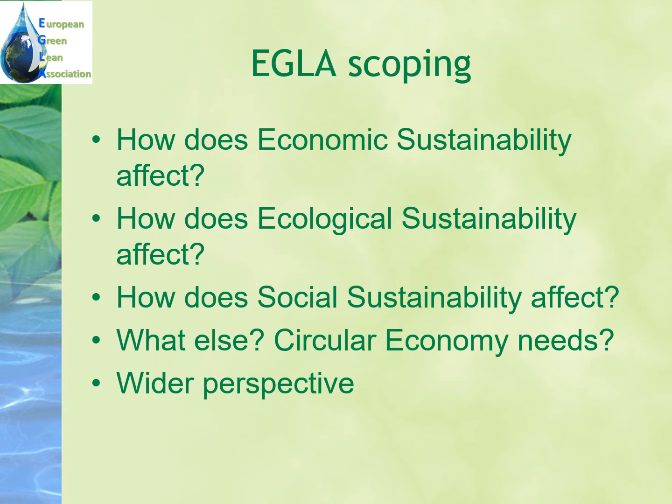How does social sustainability affect? Do we need to study things that are related to that? And is there something else, like circular economy needs? We remember that in the ESG Lean world, in the Green Lean world, we have a wider perspective, that will have to be taken into account in this phase.